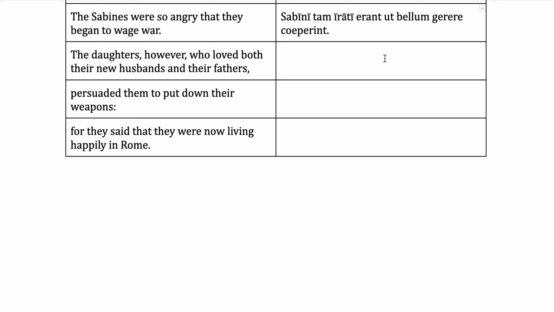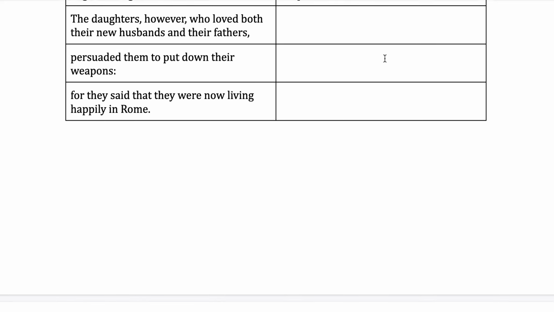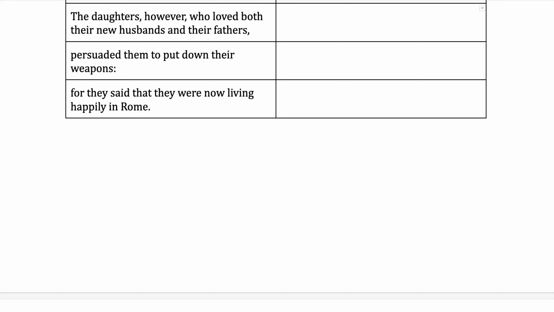So coeperint. Then in the next sentence, the daughters, however, so a daughter again is filia, and here it's plural, so we have filiae. And then however is tamen. Then who loved, so this introduces a relative clause, qui.